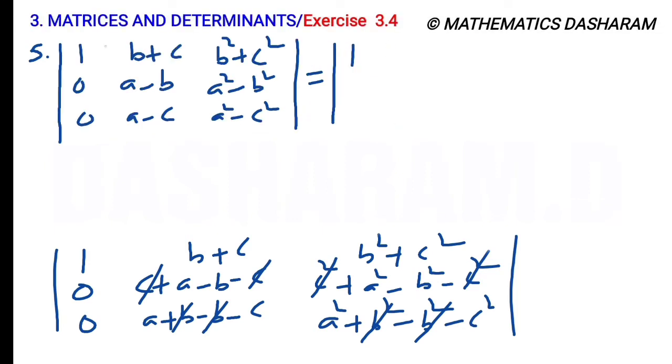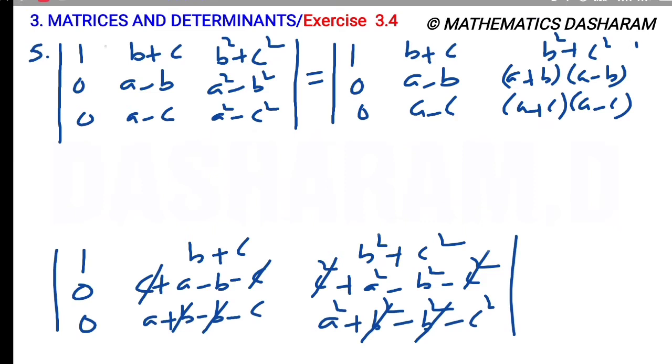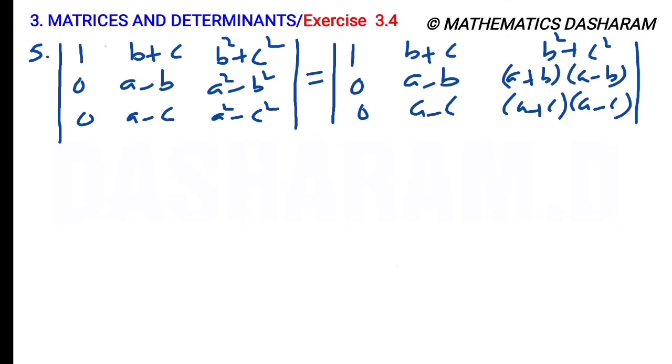So 1, B plus C, B square plus C square; 0, A minus B, and A square minus B square by the formula is (A plus B) into (A minus B); 0, A minus C, here also (A plus C) into (A minus C). So now from the second row we can take A minus B common, and from the third row take A minus C common.